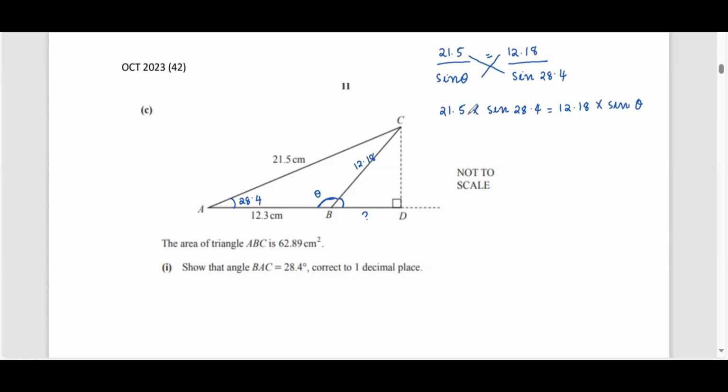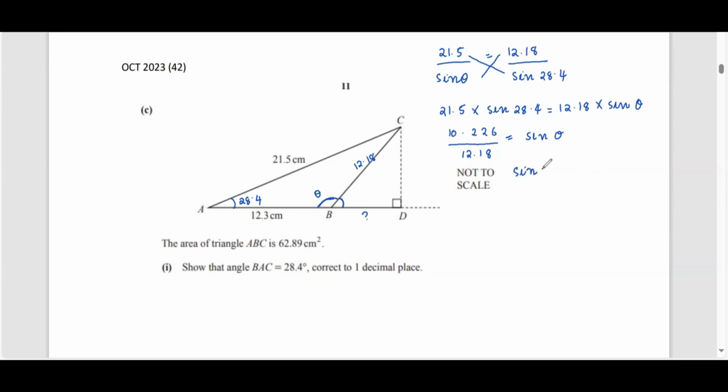So let's put this in the calculator. 21.5 into sine 28.4 will give us 10.226 approximately. 10.226 divided by 12.18 will give me sine theta. So 10.226 divided by 12.18 will give us 0.839.